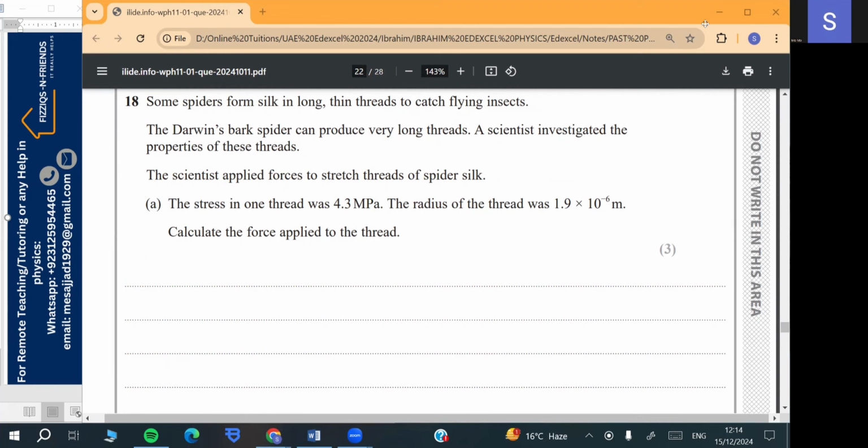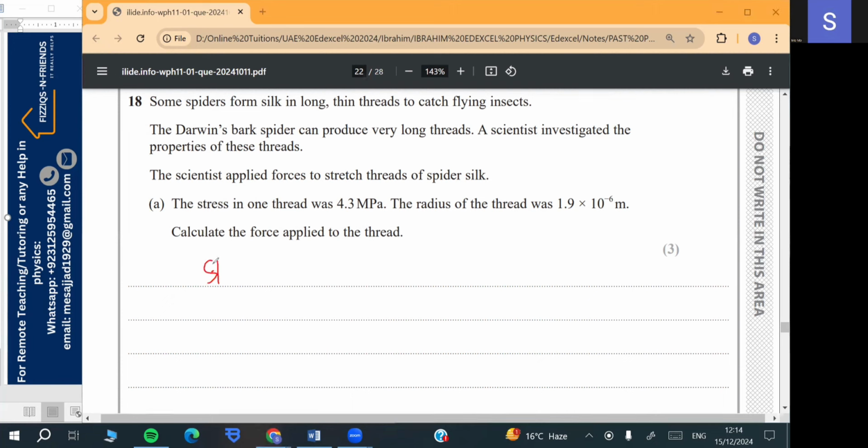So it's very easy to do. All you need to do is put the values into the stress formula. So stress is equal to force over area. Stress is 4.3 into 10 to the power 6. F is what you need to find, and the area is pi r squared, with r as 1.9 into 10 to the power minus 6. So we are going to do 1.9 into 10 to the power minus 6 squared.